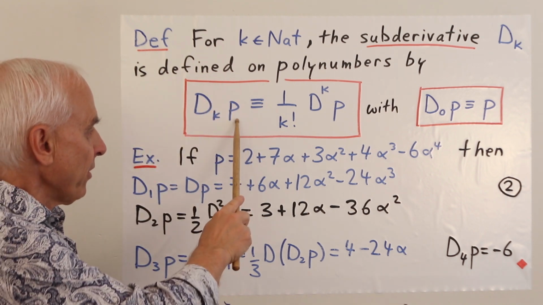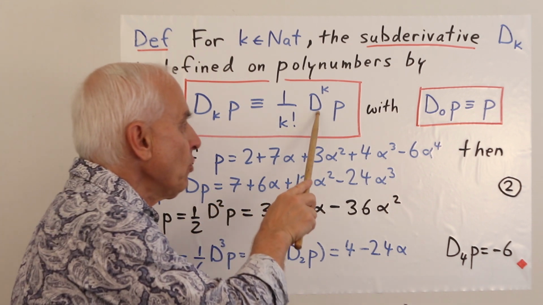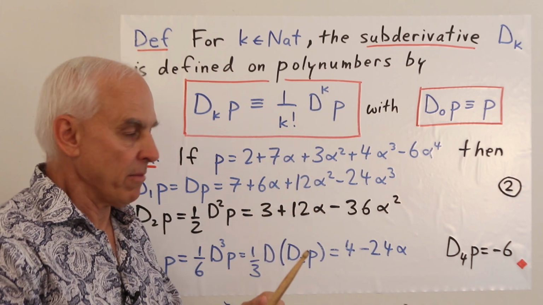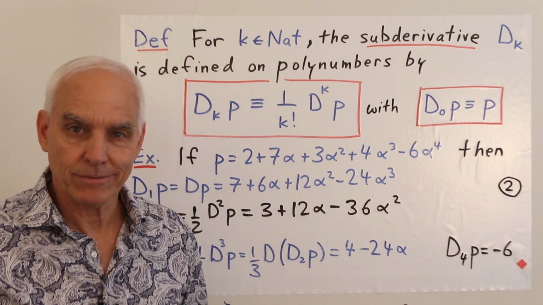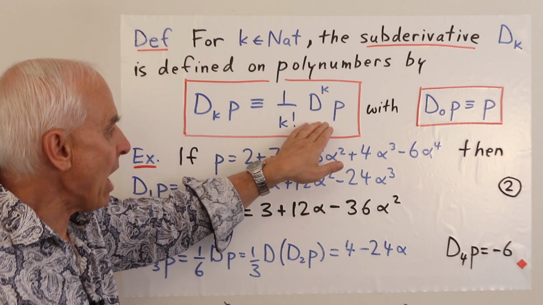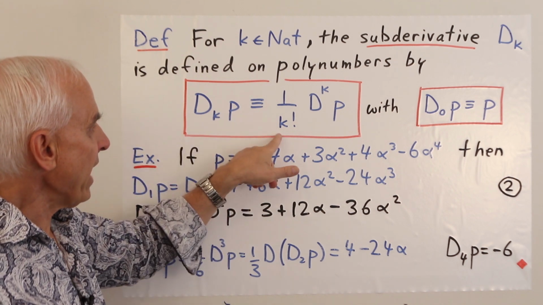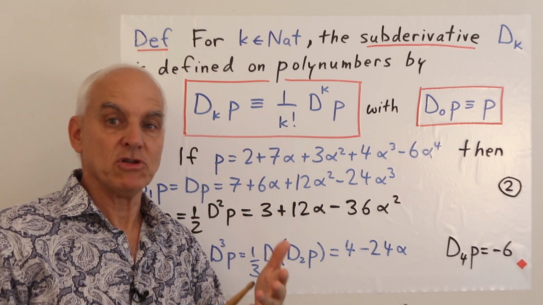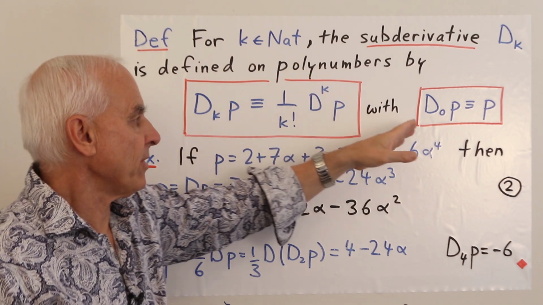If p is a polynumber, then d sub k of p is the usual kth power of the derivative on p, but divided by k factorial. So we're just normalizing the power of the derivative to get the subderivative. When k is 0, which is included here, k factorial is usually deemed to be 1, and so this is just d to the 0 of p, which is p.